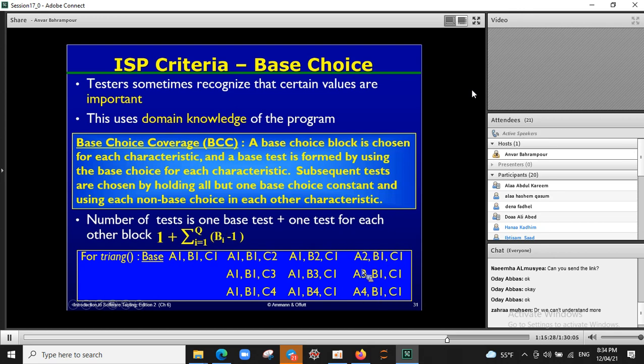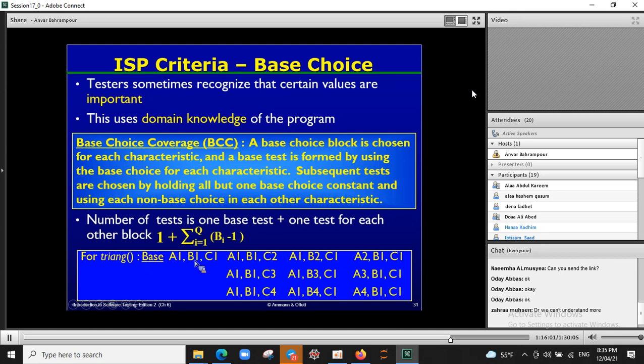These 3 extra tests just change the first characteristic from A1 to A2, A3, and A4.